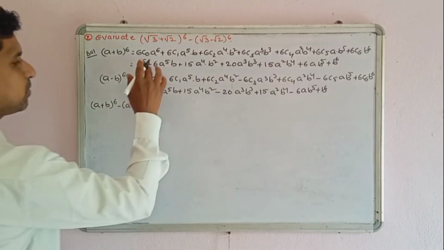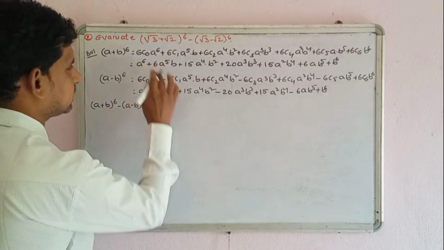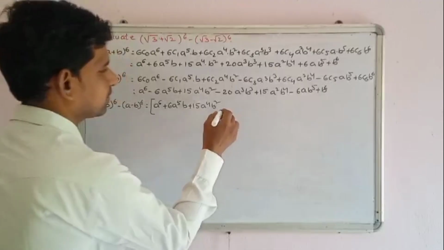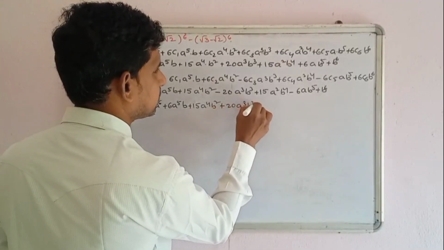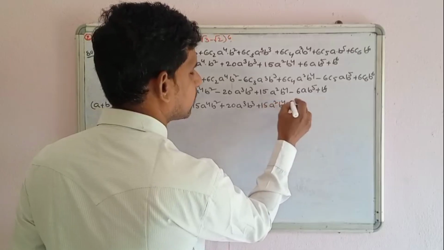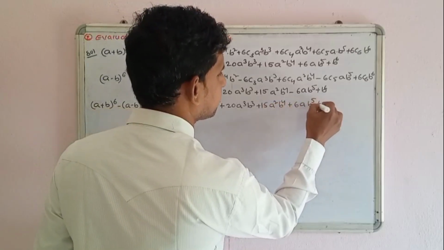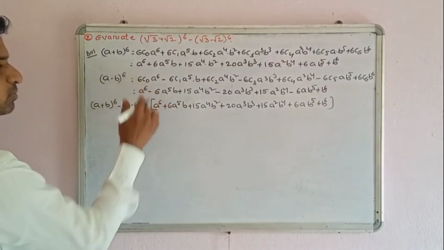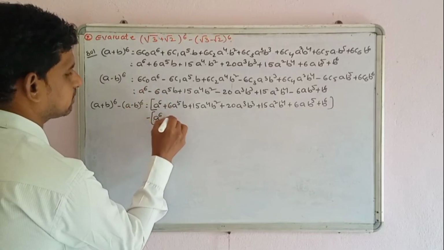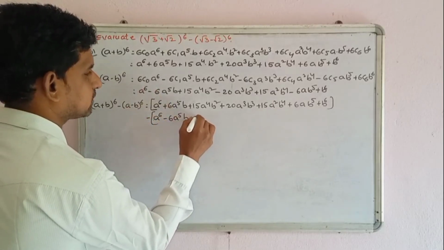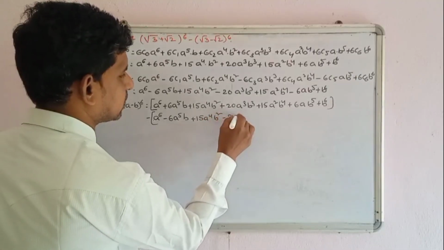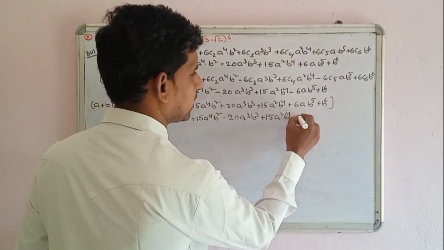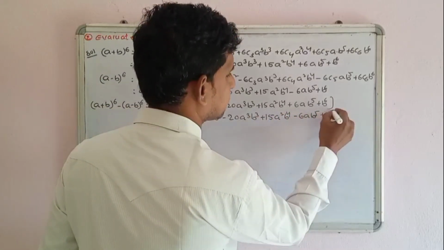So (a plus b) whole power 6 is a power 6 plus 6 a power 5 b, 15 a power 4 b square plus 20 a cube b cube plus 15 a square b power 4 plus 6 a b power 5 plus b power 6, minus (a minus b) whole power 6. (a minus b) whole power 6 is a power 6 minus 6 a power 5 b plus 15 a power 4 b square minus 20 a cube b cube plus 15 a square b power 4 minus 6 a b power 5 plus b power 6.